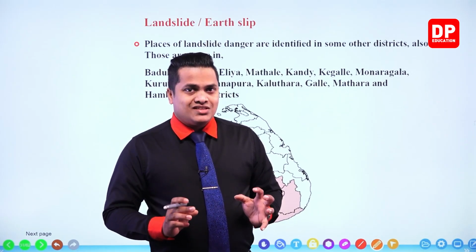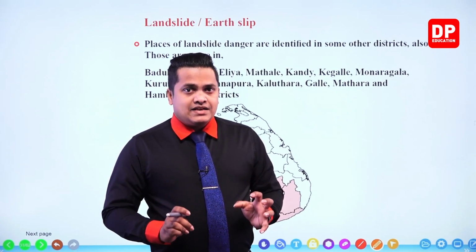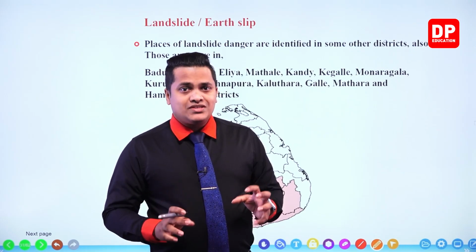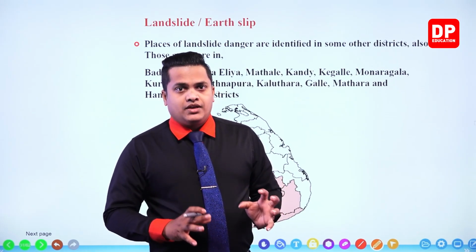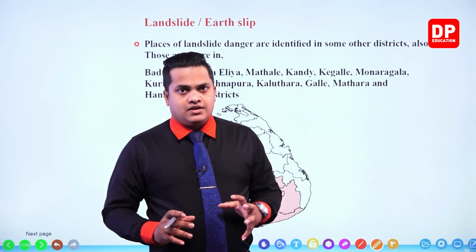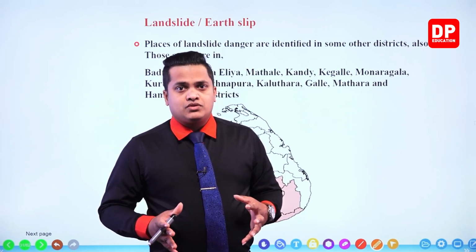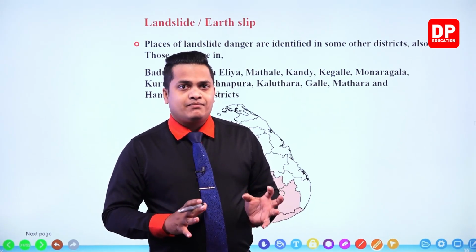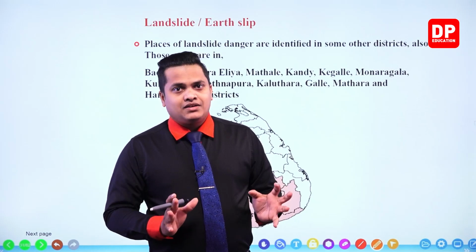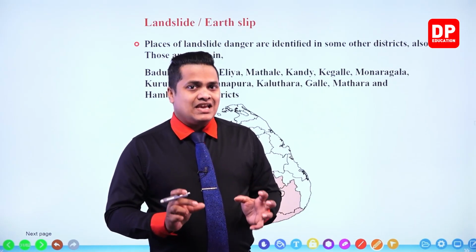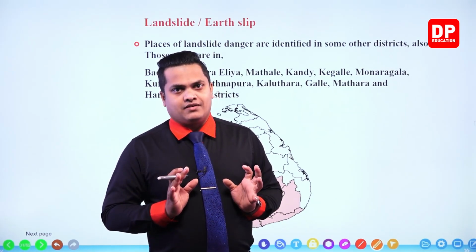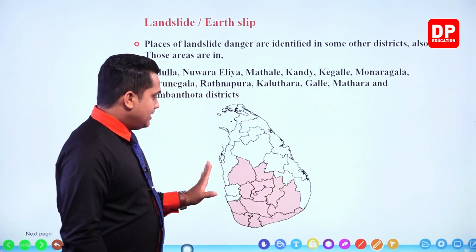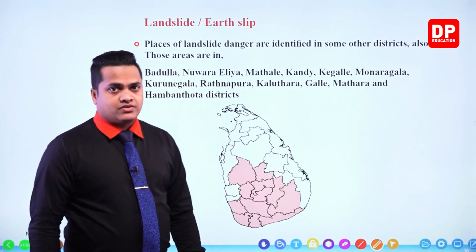This map shows the areas that have the most danger of the occurrence of a landslide. However, the other areas also might have the same probability, but the probability scale is somewhat less, my dear children, when you compare it with these districts.